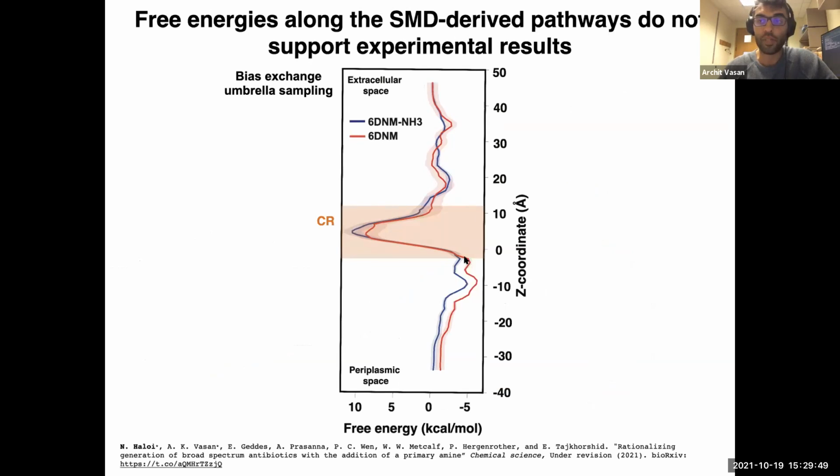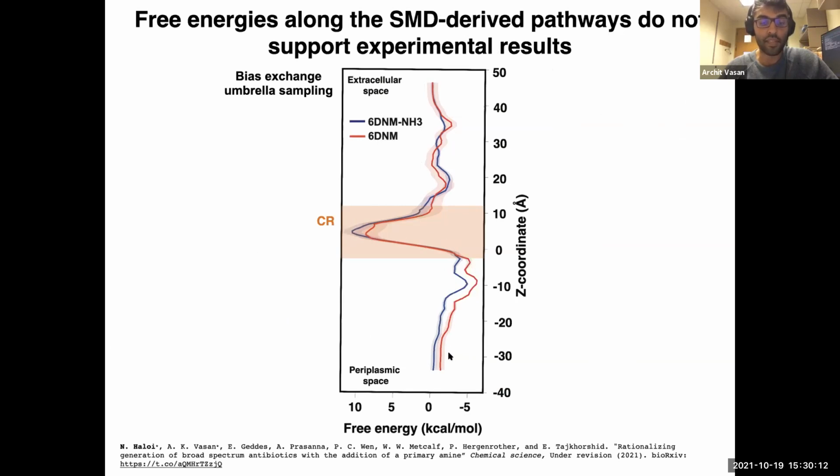So we constructed the free energy profile of this molecule with the amine, so with this group added, versus this molecule without the group added. We expect that this molecule should permeate more effectively than this one. But in our free energy, we actually saw the opposite result. We saw that this drug has a much higher free energy barrier.